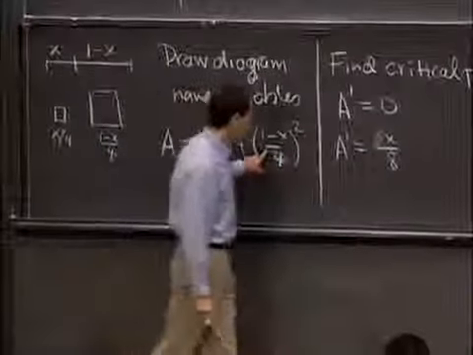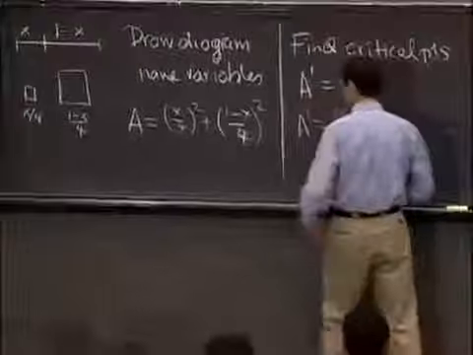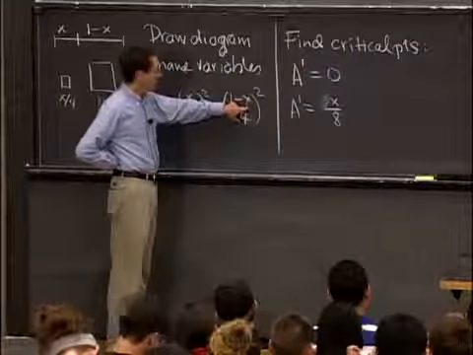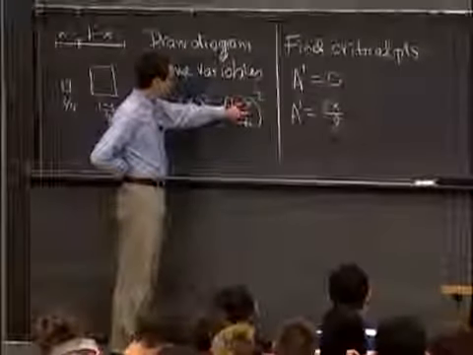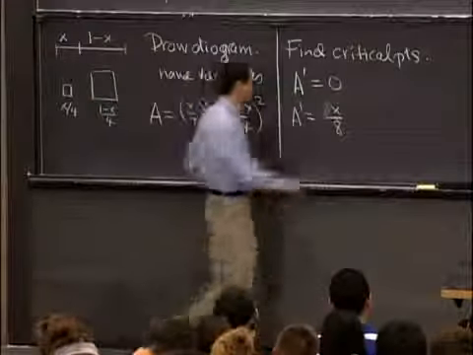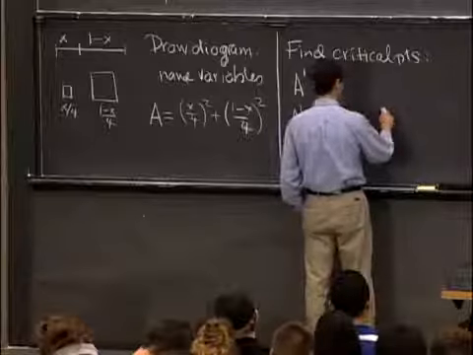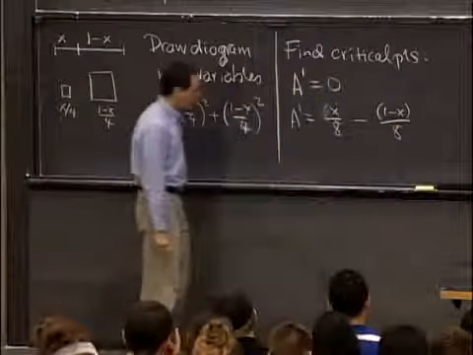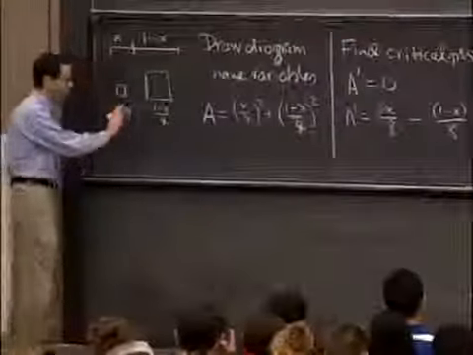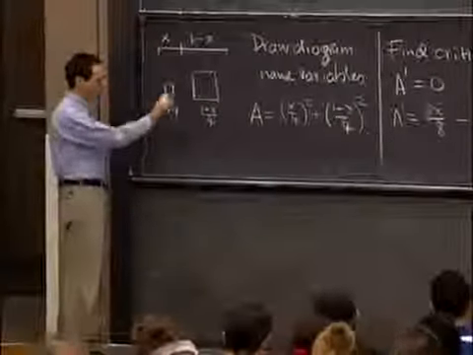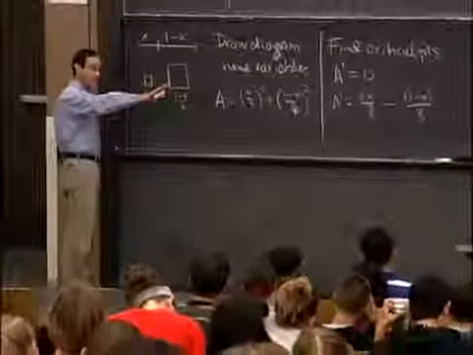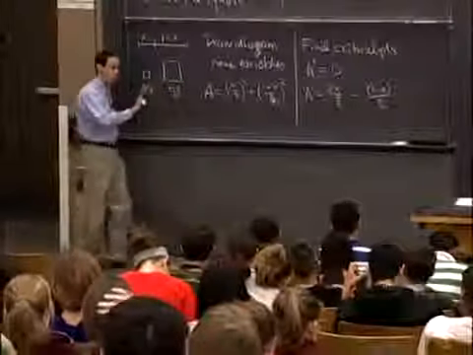And if I differentiate this, the derivative of 1 minus x squared is 2 times 1 minus x times a minus 1. So it's minus 1 minus x over 8. So there are two minus signs in there. I'll let you ponder that differentiation, which I did by the chain rule. Just wait until we're done.